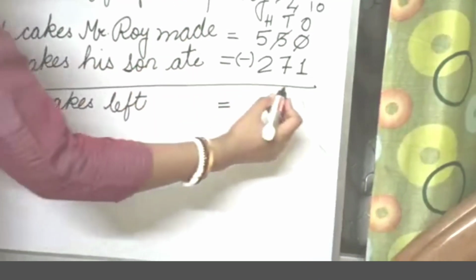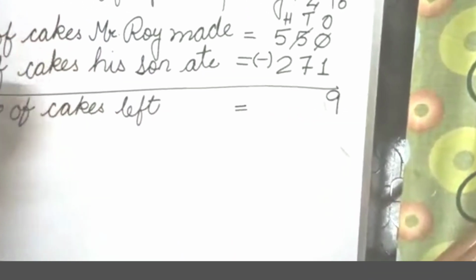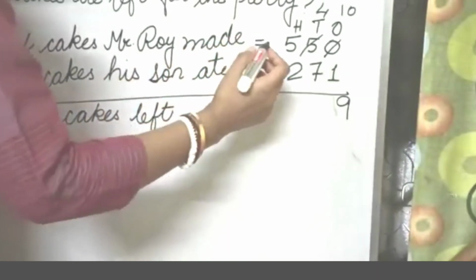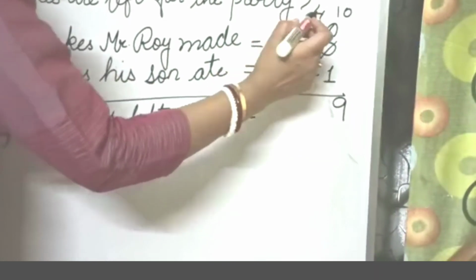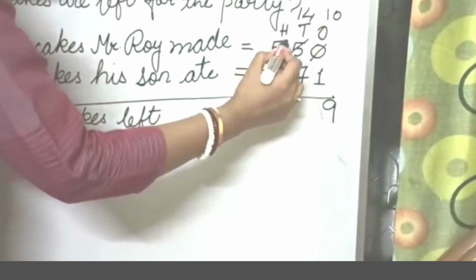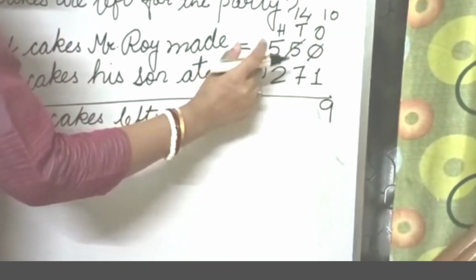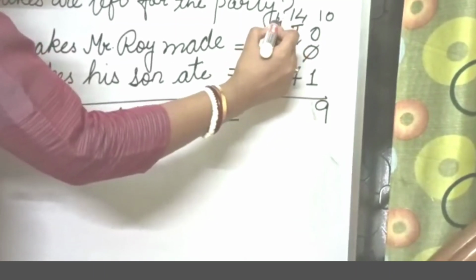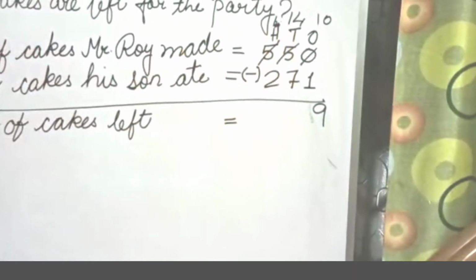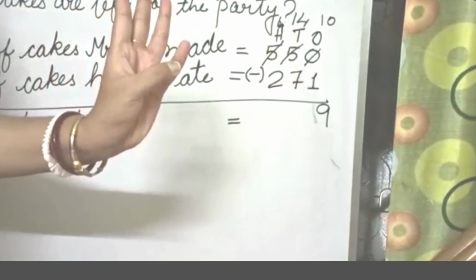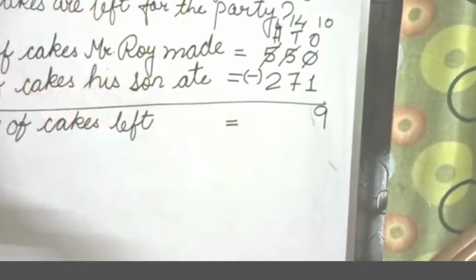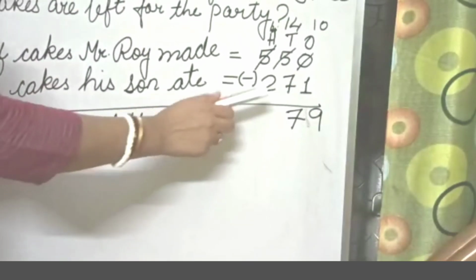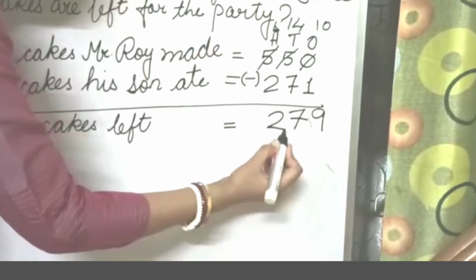So 9. Again here see students, 4 is a smaller number than 7. So we will carry 1 from the hundreds place and make it 14, and as we have borrowed 1 from the hundreds place, 5 will become 4. Now let's count 8, 9, 10, 11, 12, 13, 14. So 7. And if we subtract 2 from 4, we get 2.